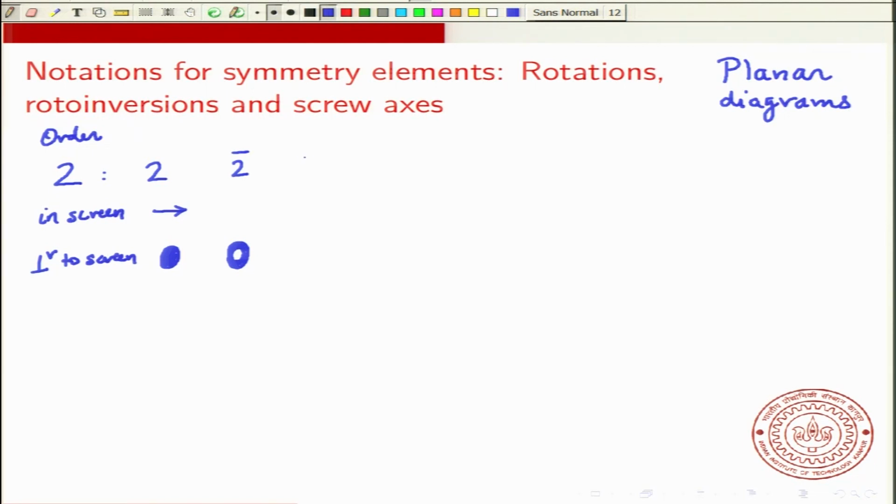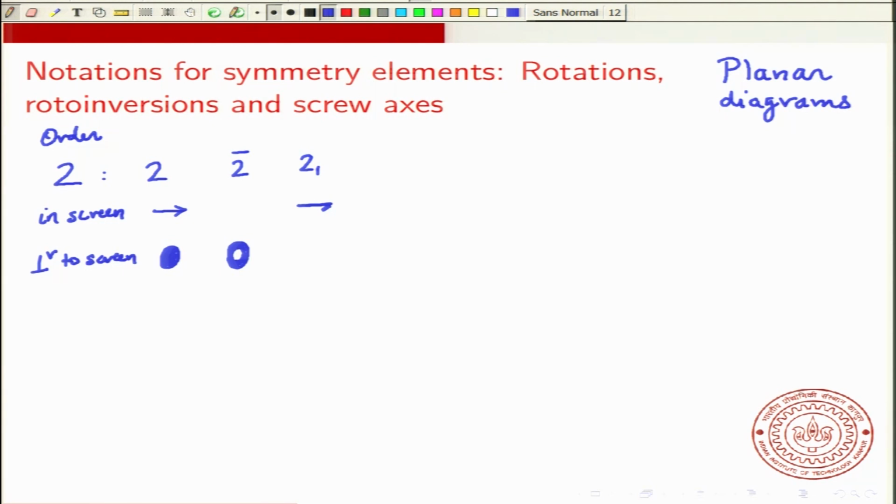So for example, you could have a screw axis. If you have a 2 sub 1, this corresponds to rotation by 180 degrees and translation by half the unit cell. If it is in the screen of paper, we will show it by this harpoon.